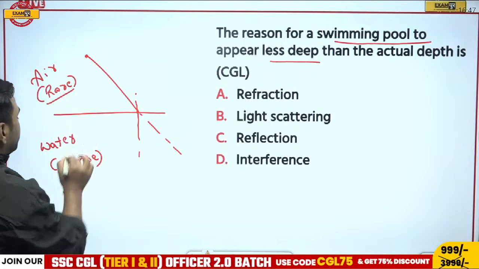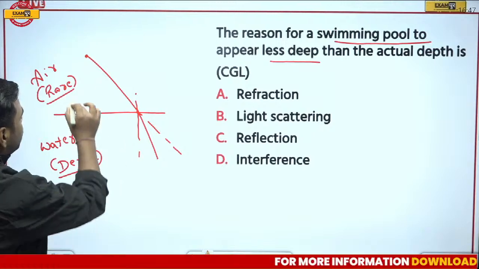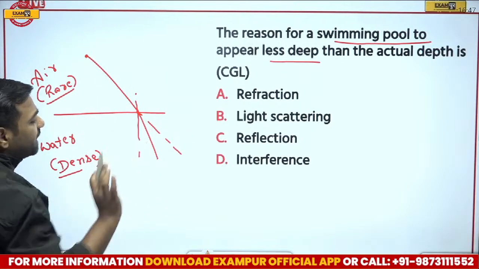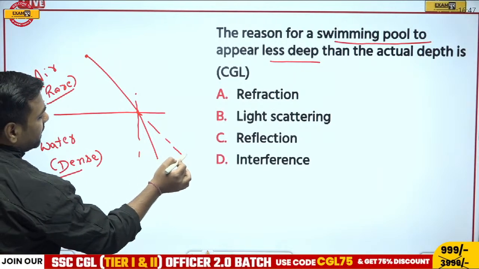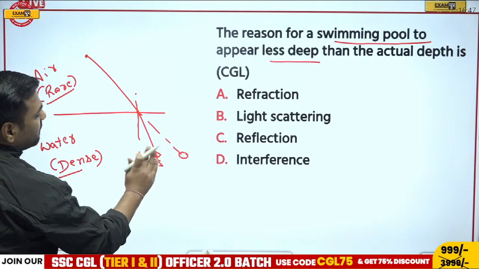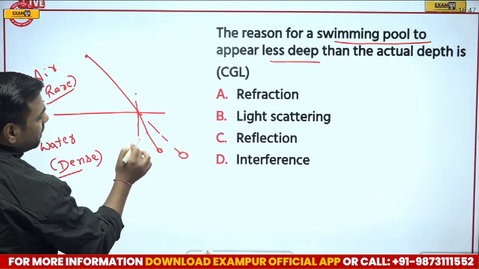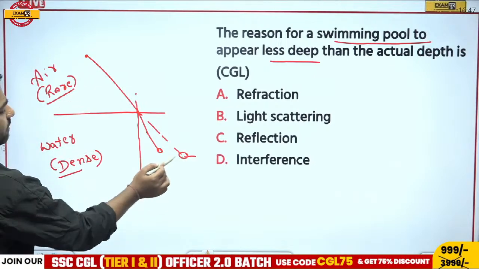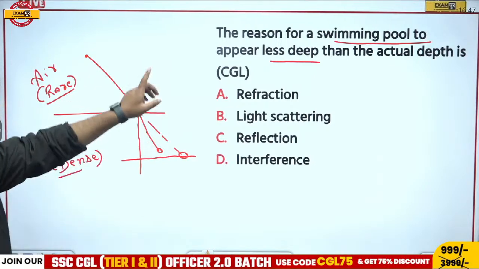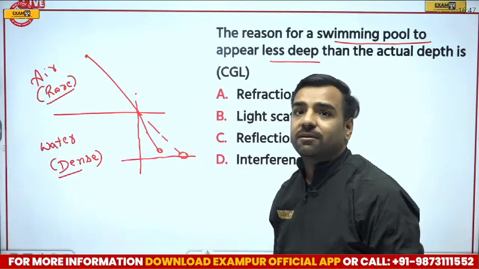If it is from rare to denser, it will bend towards the normal. If it is traveling from denser to rare, it will bend away from the normal. And hence the thing which must be here would be visible here. So just have a look at the depth. Here we'll see that it will appear less deep than the actual depth. So this is the logic of refraction, right?